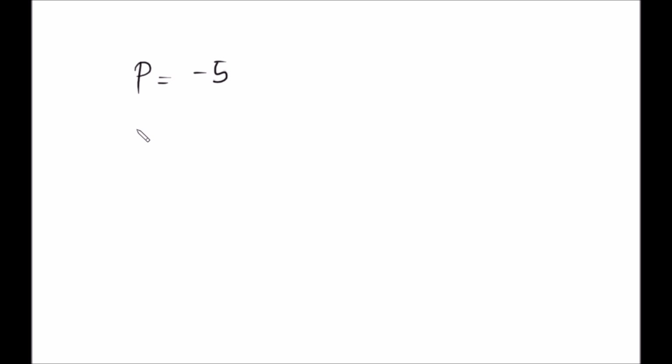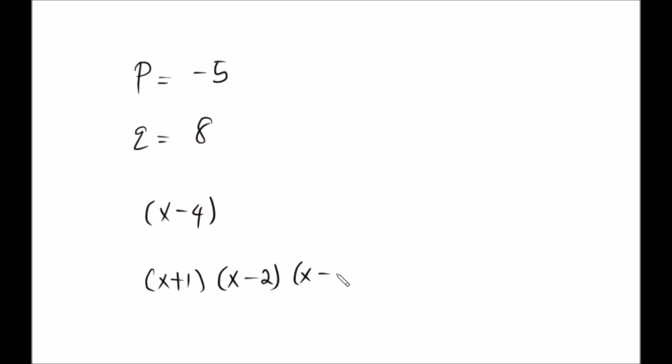Negative 5. Q ni nini? 8. Na third factor ni nini? X minus 4. Kwa hiyo utaona ukichukua x plus 1 times x minus 2 times x minus 4 ndo napata x cube plus px squared plus 2x plus q.